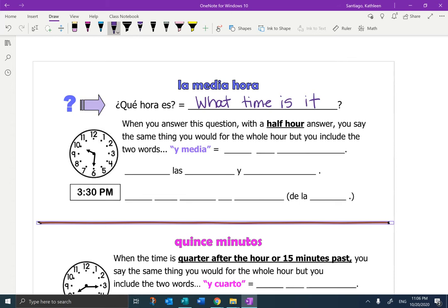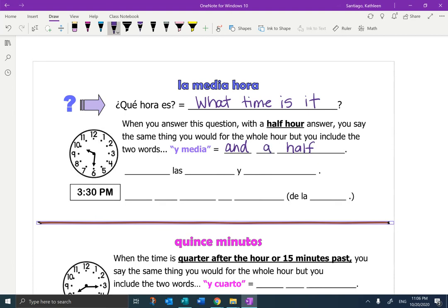Well, think back to saying the numbers, 31, 45. The E means and. And think about mediodía, medianoche. Remember, we said that was halfway through the night.